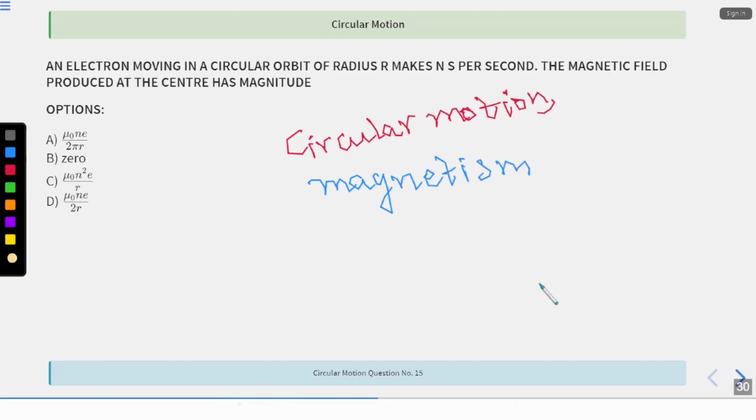So what they are telling is there is an electron moving in a circular orbit. So this is the electron, the circular orbit, and the radius is r.